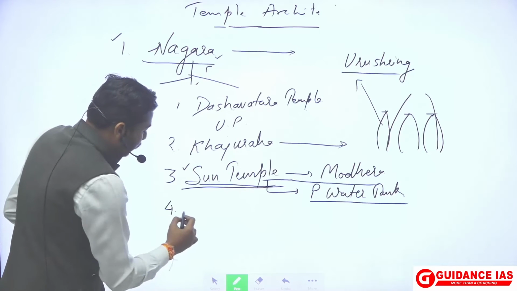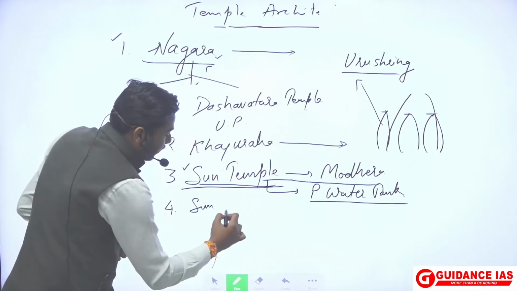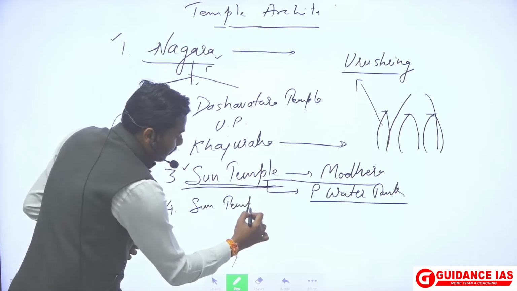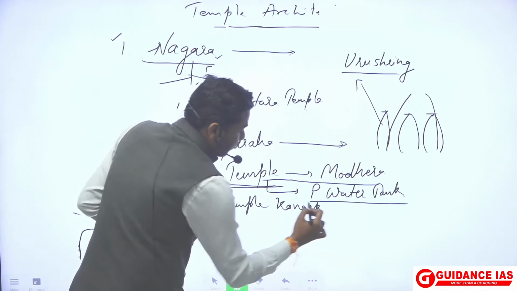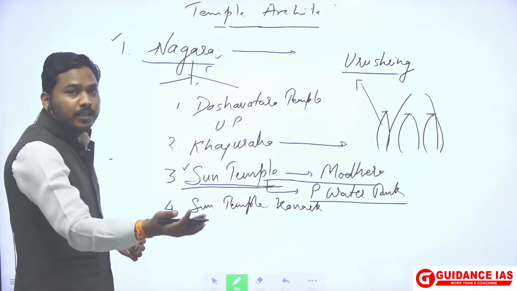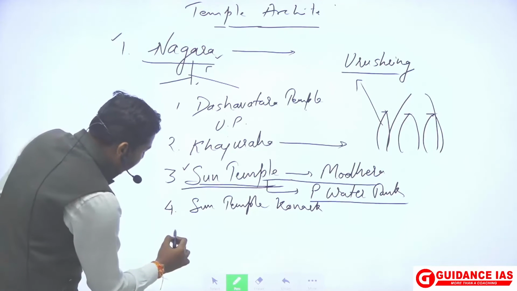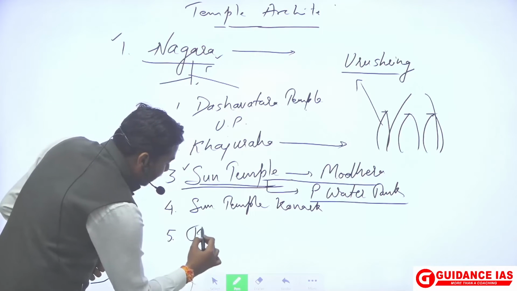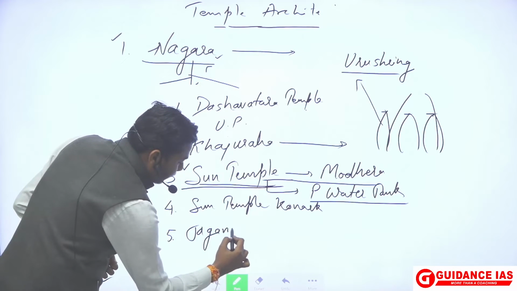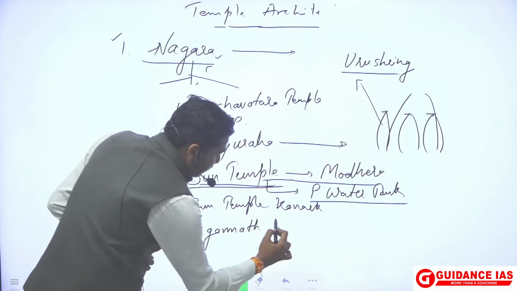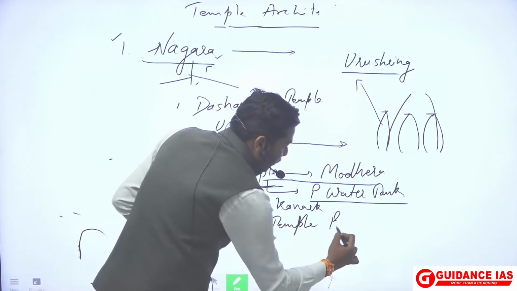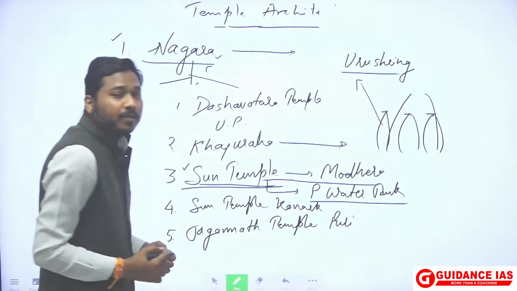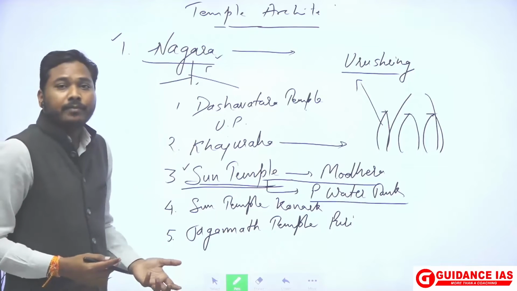Then we also have the Sun Temple, Konark, on the eastern side, Odisha. Then the Jagannath Temple in Puri. That is another example of Nagar style of architecture.